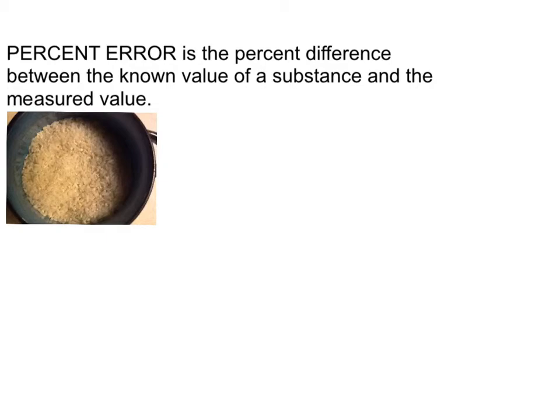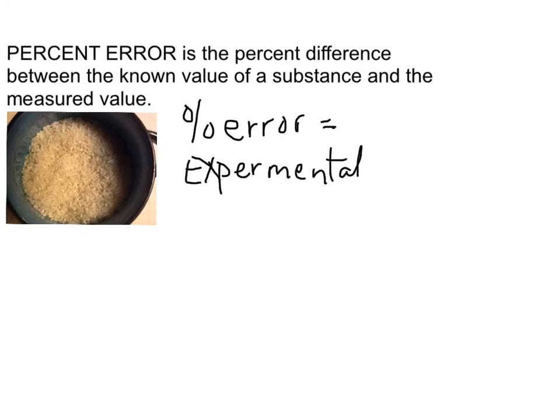There's an equation for that. The percent error would equal your value, which is the experimental value, minus mine, which is the true value.